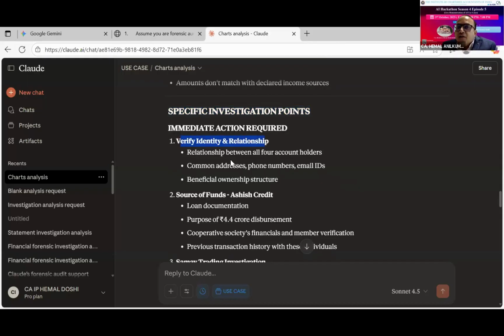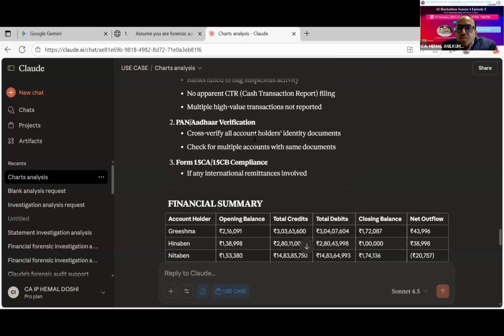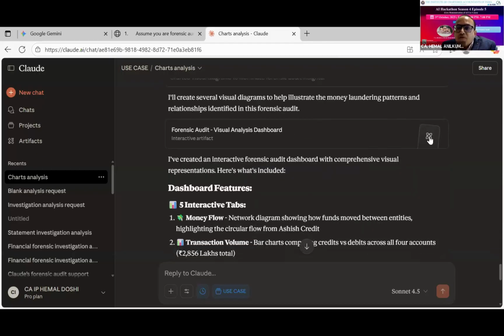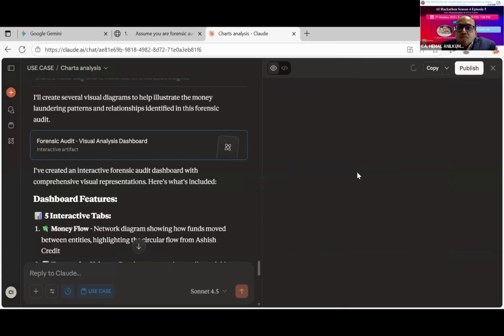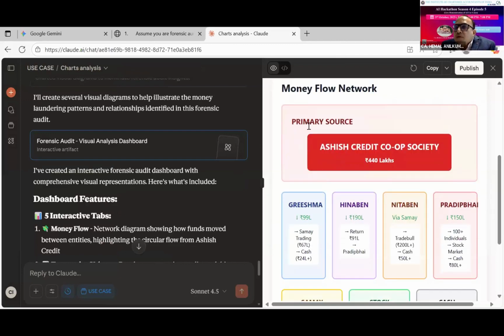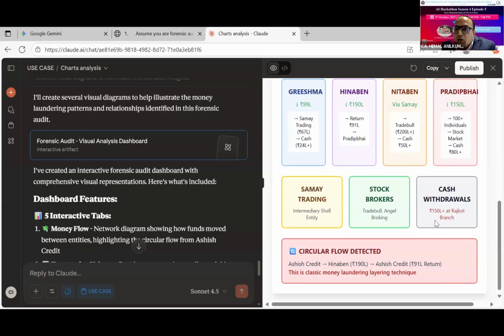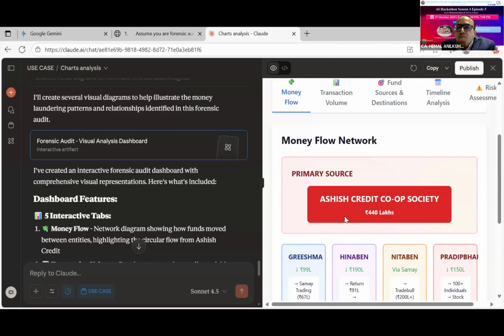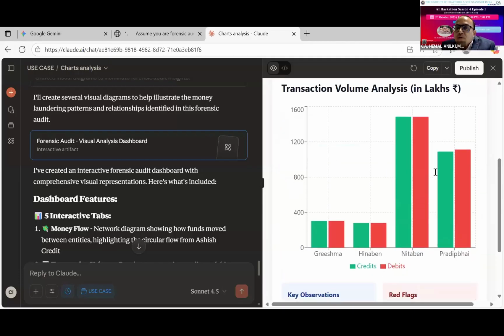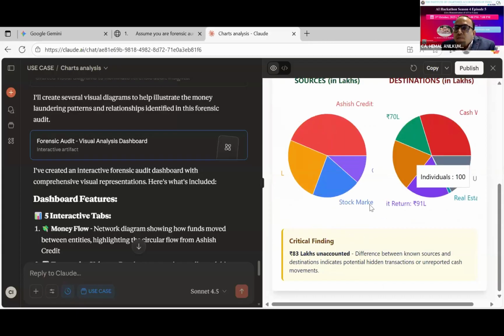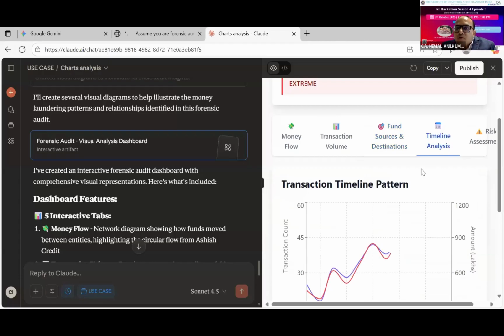For example, verify identity and relationship between all the account holders, sources of funds, etc. This can also provide diagrams: the primary source from where money comes, in which accounts money goes, stockbrokers, parties, cash withdrawals, etc. Here also are transaction volumes, chart and diagram presentation, funds and source destinations, where funds are parked. This can be used for reporting also.